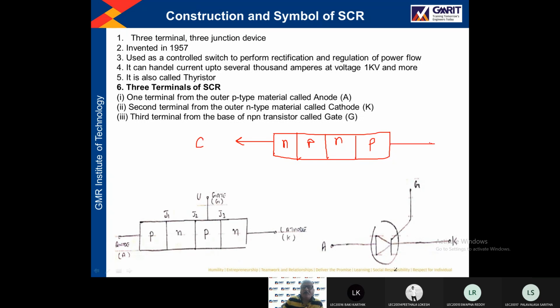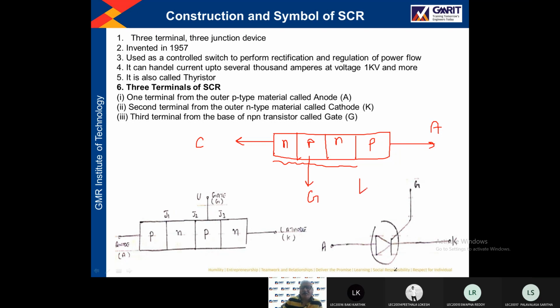The outermost P material: from here you take one terminal, this is your anode. Now see where the NPN type of transistor is forming. Here it is forming. So see the base of that. This is your third terminal, called the gate. In this way you can identify.